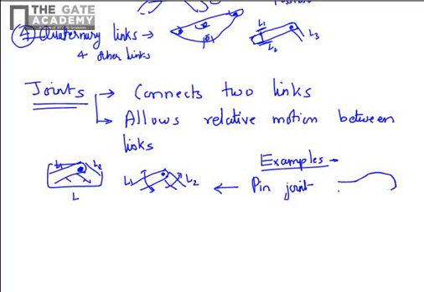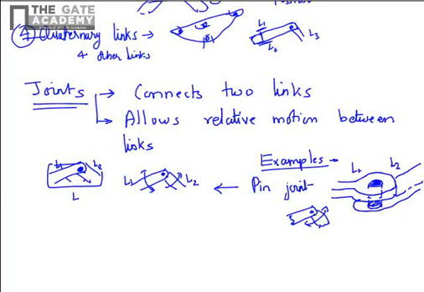In this joint, there is a link having a cylindrical hole surface, and there is another link which also has a hole, with a pin through it. So a pin connects these two links. It allows the angular motion of one link with respect to the other.